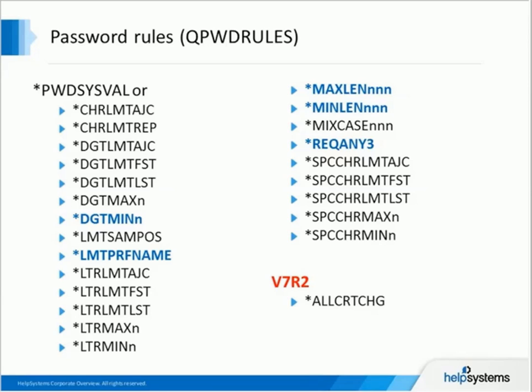It doesn't matter, it doesn't have to follow the rules. Until V7R2, and you say all create and change and put that in the password rules system value. When that happens, that means that even if you are specifying a password on the create user profile or change user profile command, it must follow the rules in the password rules system value.